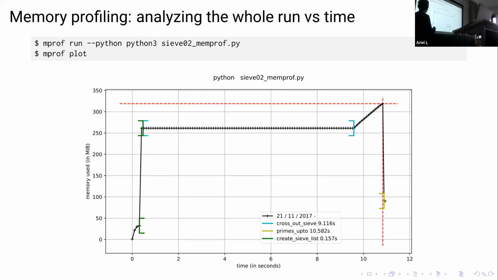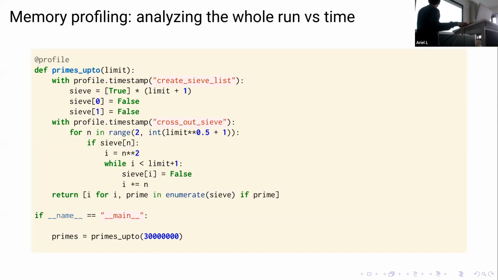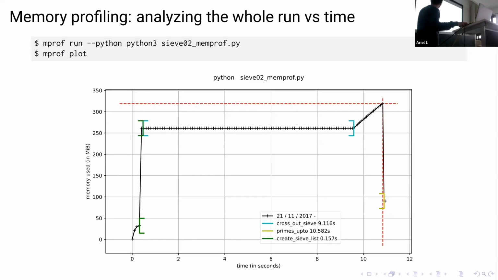So this is a little bit to illustrate how we can make use of this tool, and how we can use it for what it is meant to, to detect bottlenecks or peaks of memory or whatever, and see if we can do something different to change that without changing at all the algorithm behind the code.